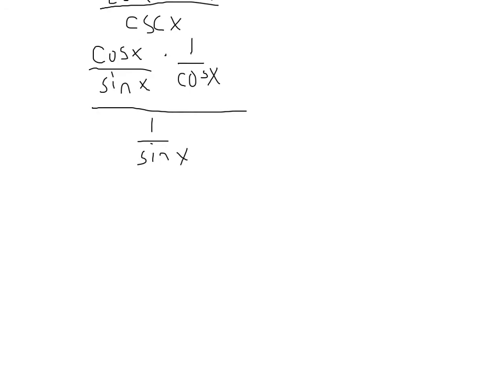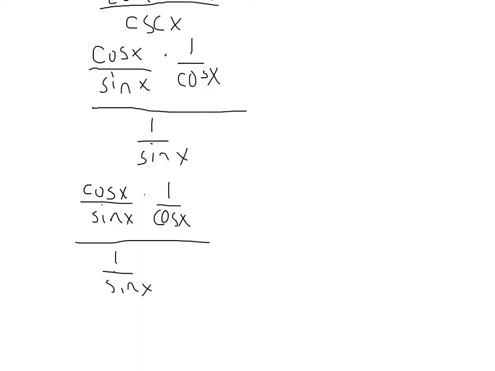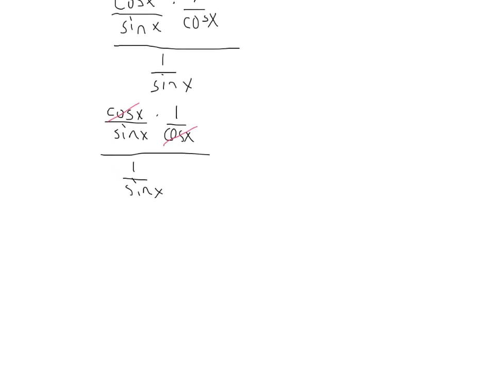Next, we simplify. Cosine of x divided by sine of x, the cosines here cancel out, and so we are left with 1 over sine of x divided by 1 over sine of x.